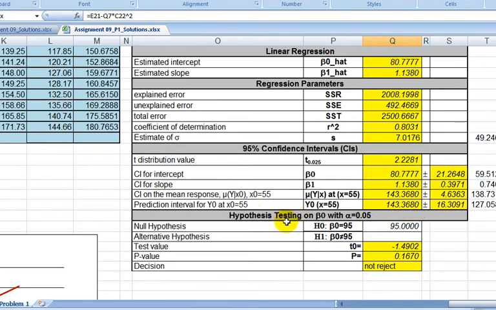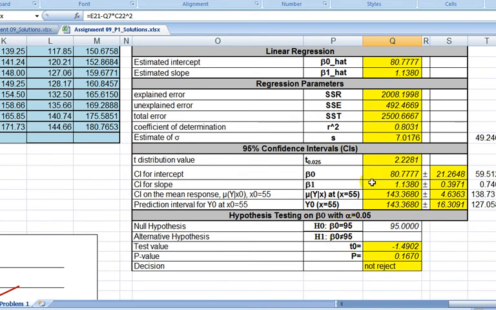The last question is hypothesis testing on the intercept beta naught. The hypothesis testing is basically asking: the null hypothesis is beta naught equals 95 or not, and the alternative is, it's a two-tail test, beta naught not equal to 95. You actually can make a very quick decision before you even calculate p-values.